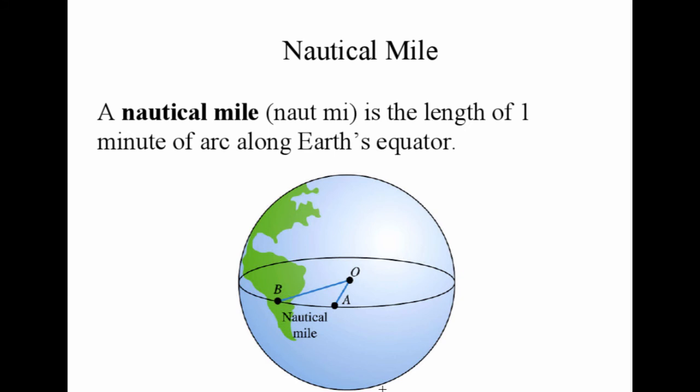One application of this is what's called a nautical mile. Maybe you've heard of a nautical mile before, maybe you haven't, but a lot of times ships use nautical miles, because they're traveling on the ocean, and sometimes it's very difficult to measure straight-line miles like we're used to thinking of linear miles. So a nautical mile is defined to be the length of 1 minute of arc along Earth's equator.